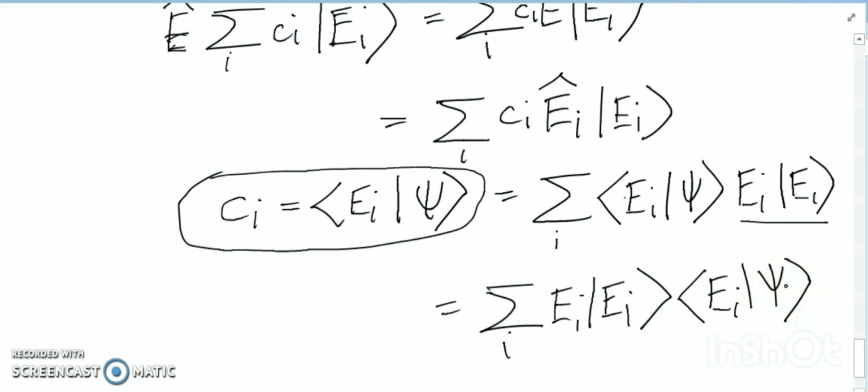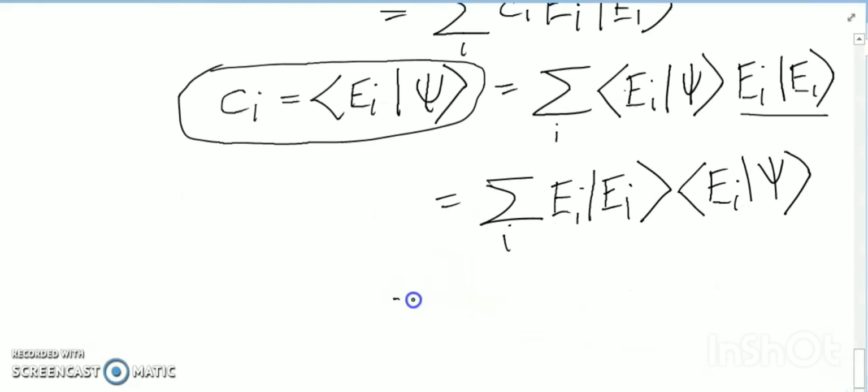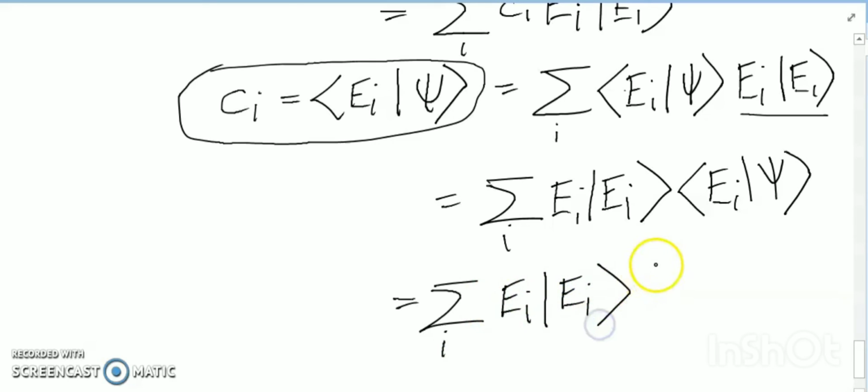Now using the power of bracket notation, we can break up this inner product. I just use the bracket notation: ei, ⟨ei|, and |ψ⟩. Okay, use the power.